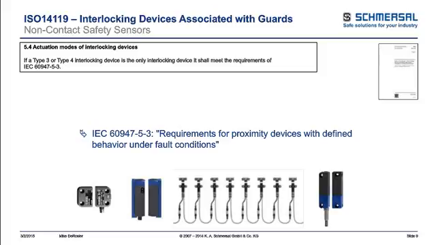So some of the questions that often come up is, when determining whether a non-contact is a safety-rated device, does it meet the 947-5-3 to be used as a safety device? That's your telltale on knowing whether the devices you are currently using on a machine are safety rated. Do you have the documentation that states it meets those design standards?